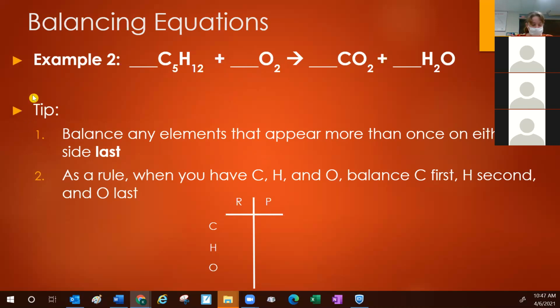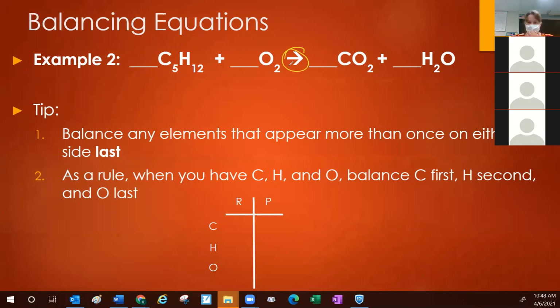So my first tip is if you have any elements that appear more than once on the same side of the arrow. So for example, here's my arrow. I am looking for an element that appears more than once on the same side. Well, on the left side, carbon only appears once, hydrogen only appears once, oxygen only appears once.